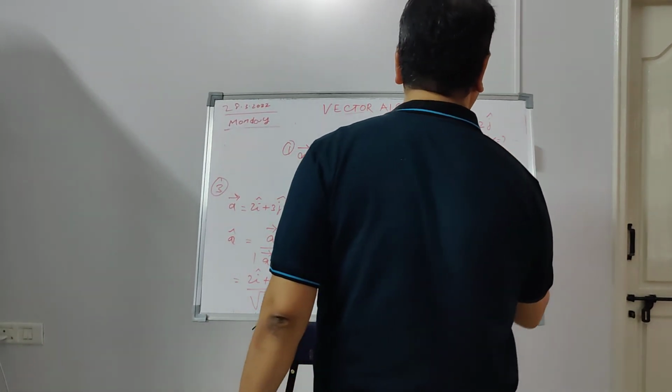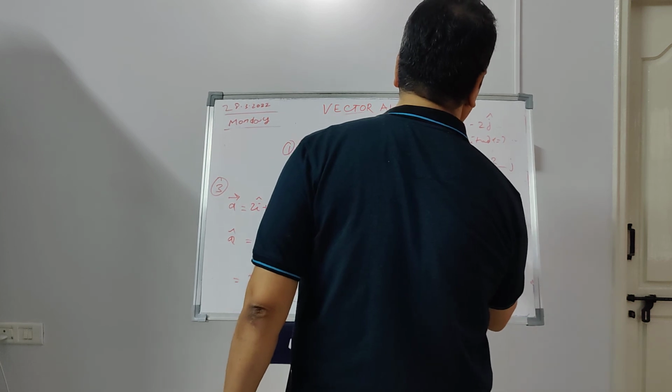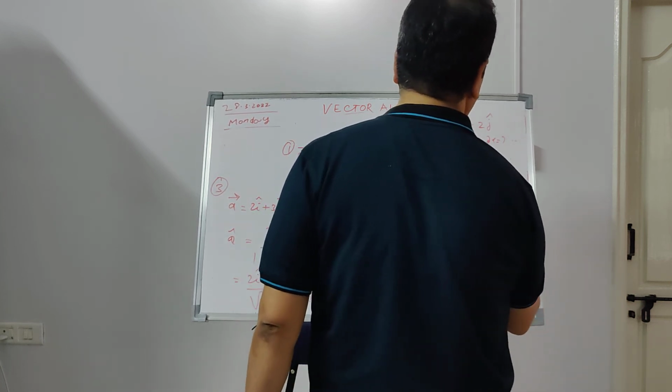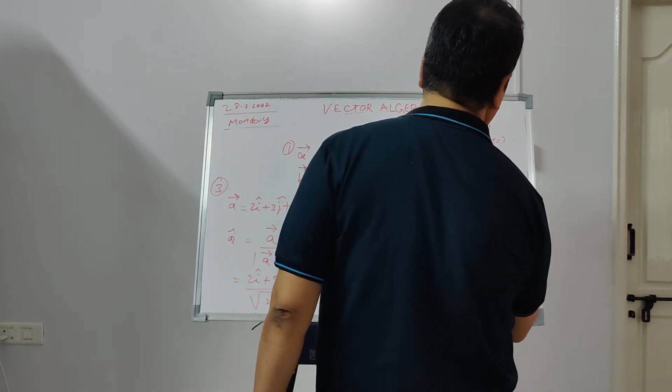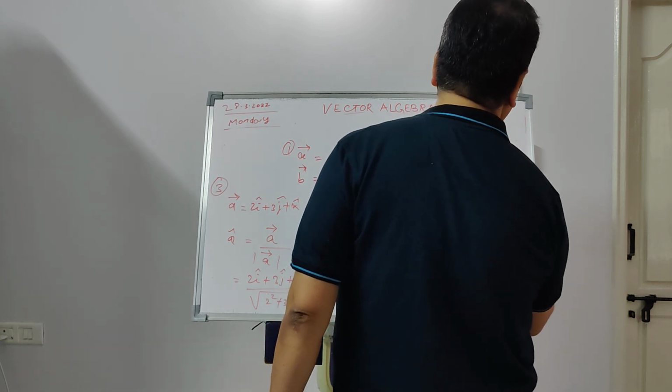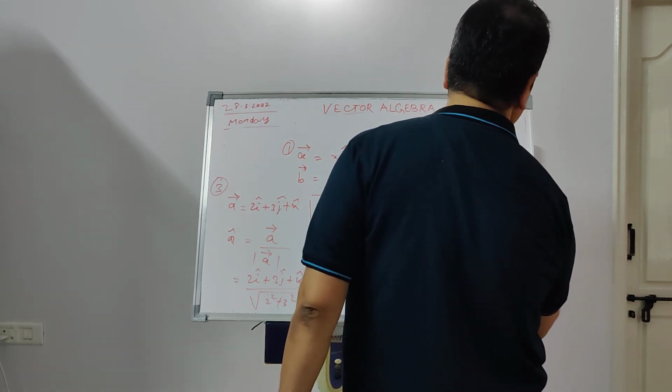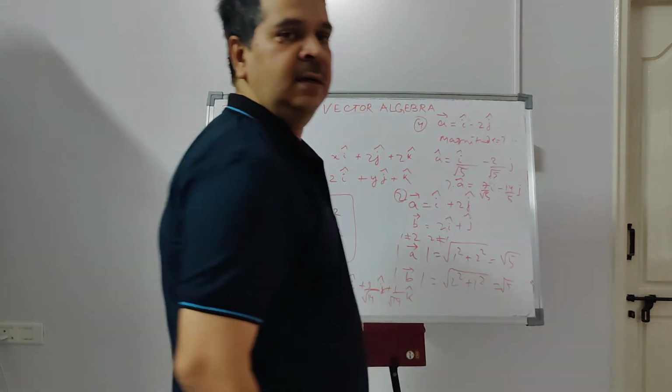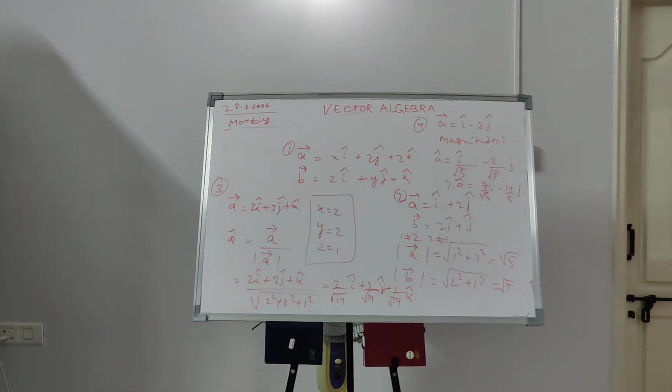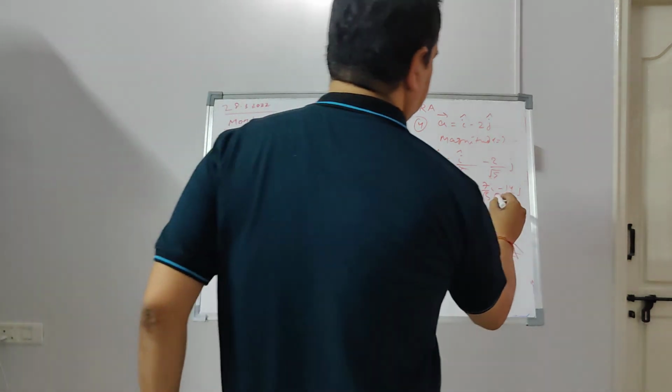So 7 into unit vector is nothing but 7 by square root 5 i minus 14 by root 5 j. Clear? So this is the vector which has magnitude 7, and is in the direction of that A vector.